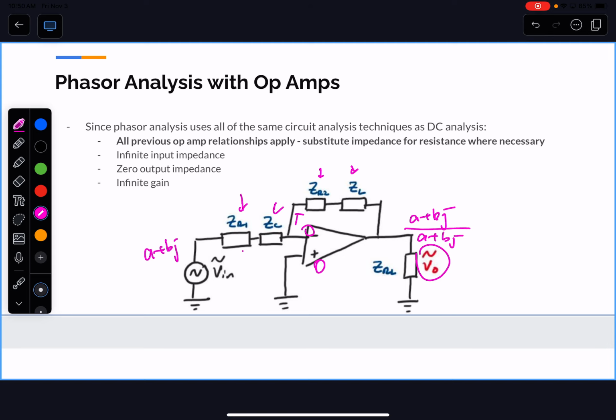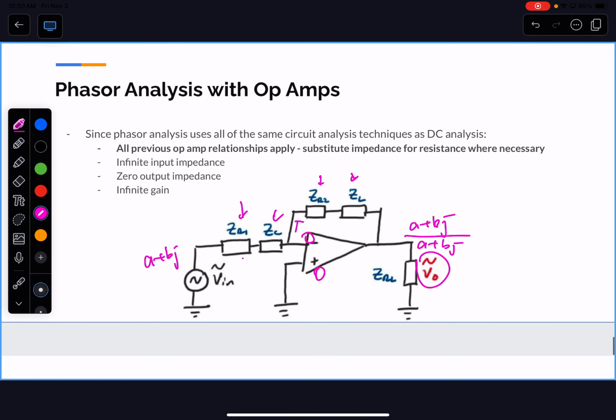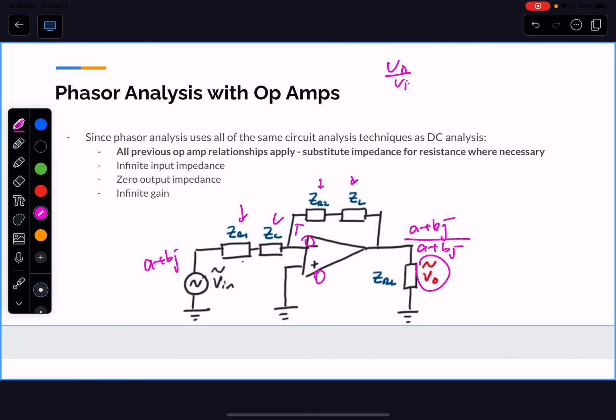And if they're asking you what is your V out over V in, that's the same thing as we did earlier, except that this is a complex version of it. So it might be like A1 plus B1J over A2 plus B2J, but a general form like that. It might look really messy depending on what kind of components are thrown in there, but you can get something like that.